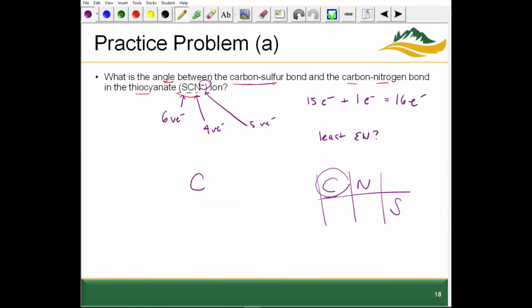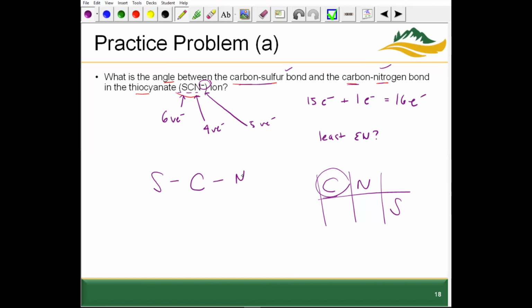We could also tell from the wording here that we're going to have a carbon-sulfur bond as well as a carbon-nitrogen bond, meaning that carbon has to be in the middle to achieve these 2 bonds. So it doesn't matter what side we put these on. We'll put sulfur and nitrogen just to get us started, and I drew 1 bond between for the skeleton structure.